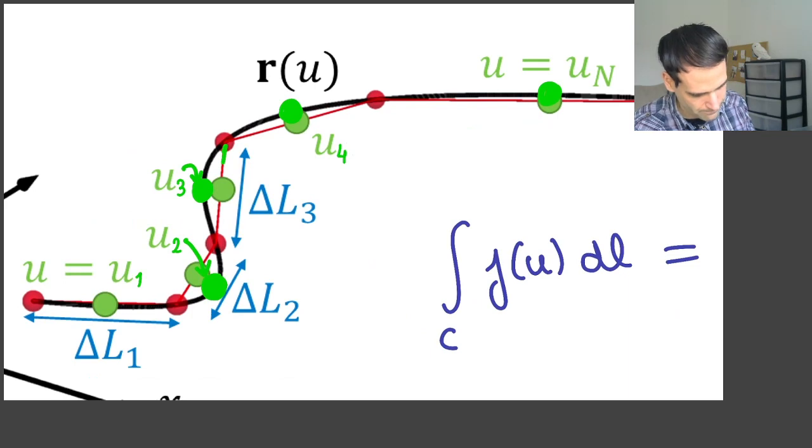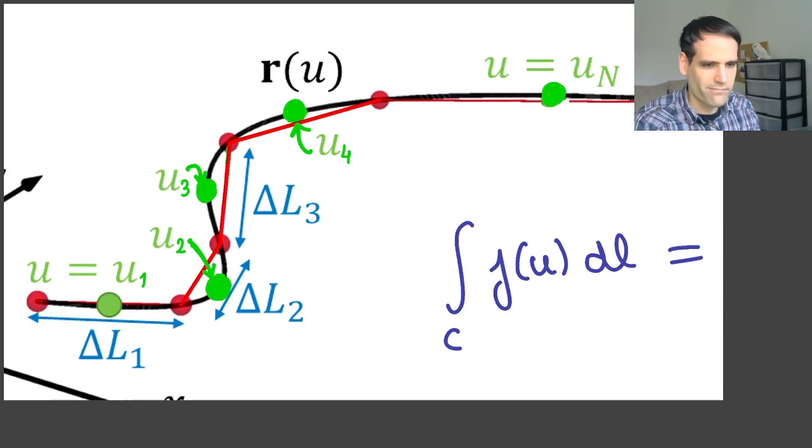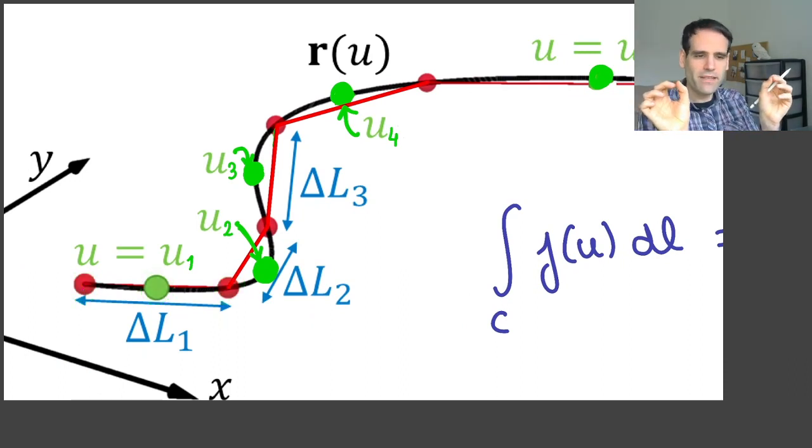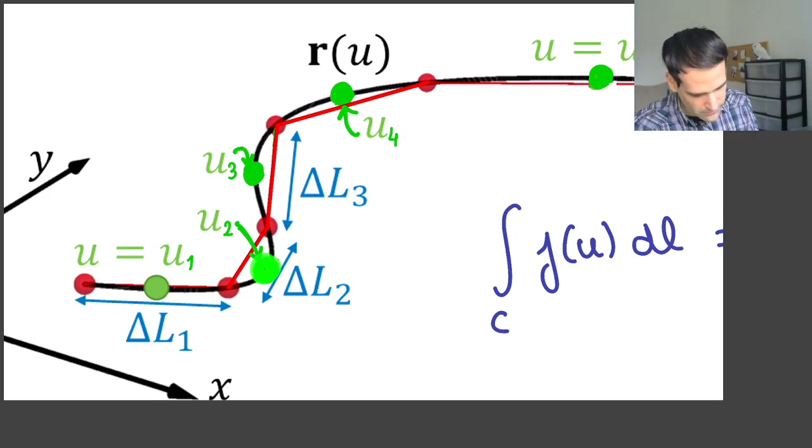Okay, now I fixed it. Yeah. So we select values of u that are between the extremes of the segment. So we choose some center value of u, but we are still on the curve.